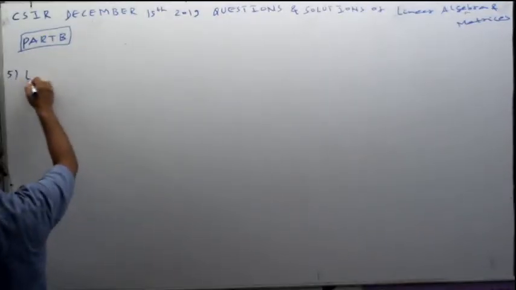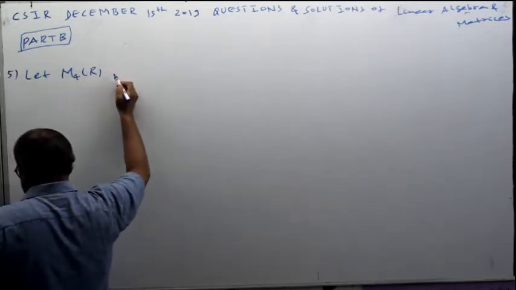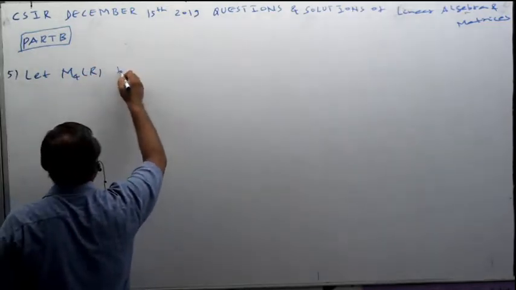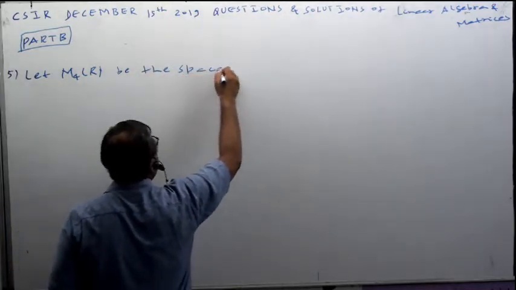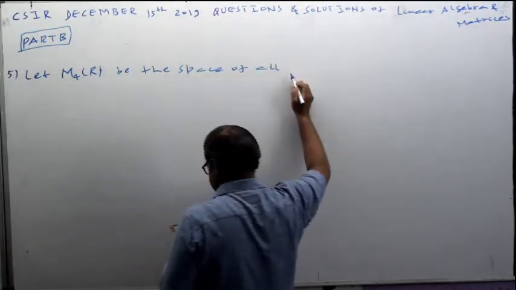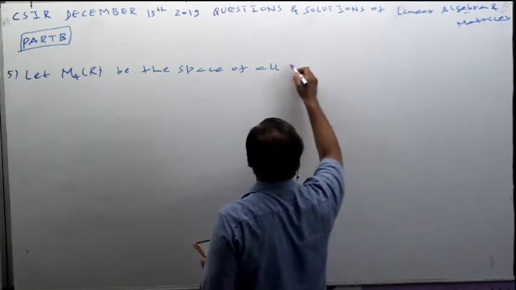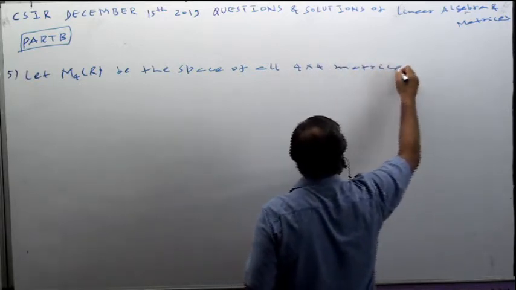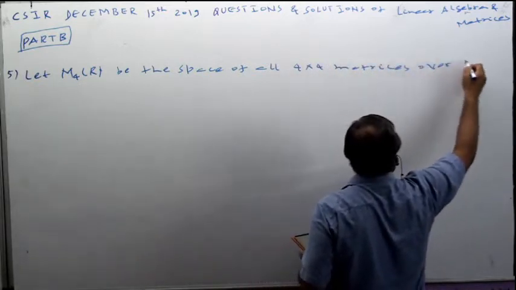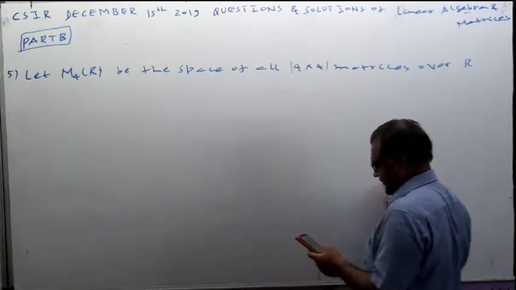It is let M4R be the space of all four by four matrices over R. Four by four is put in the bracket in the question paper.